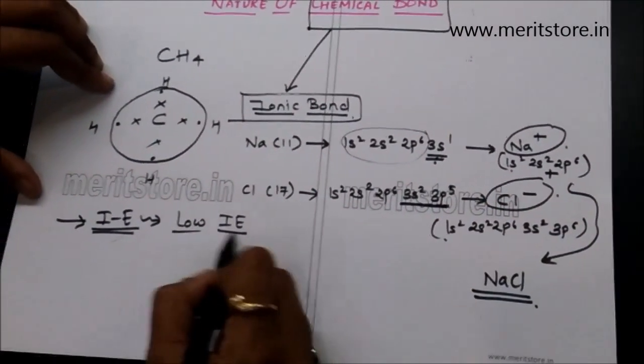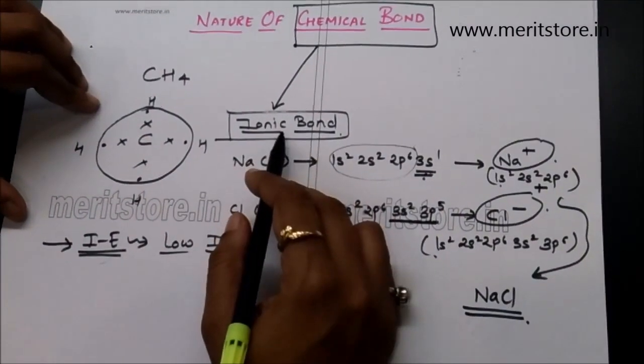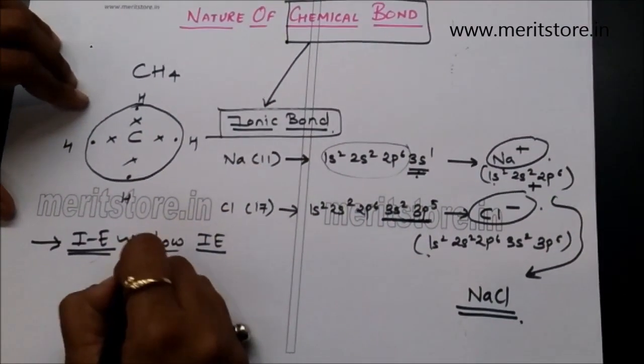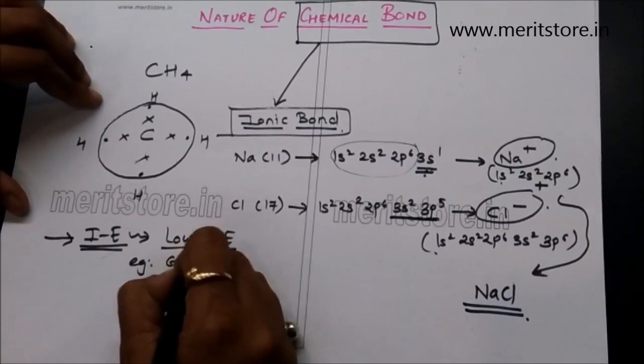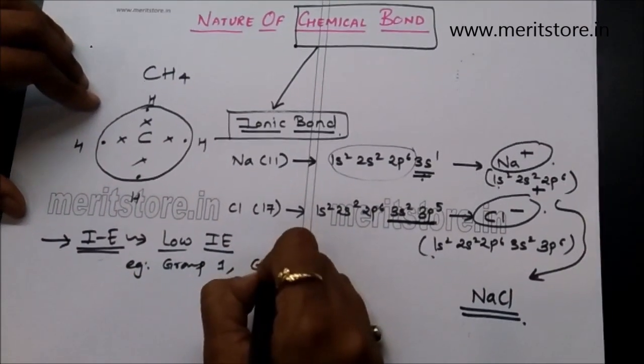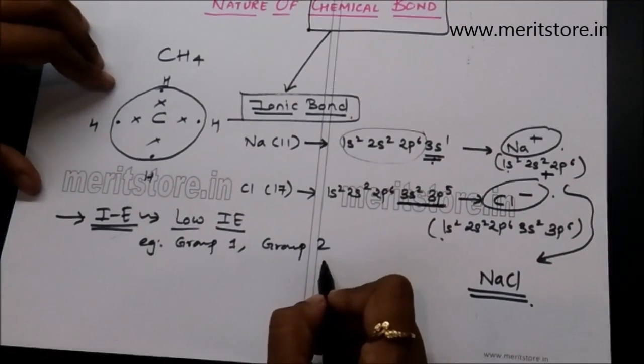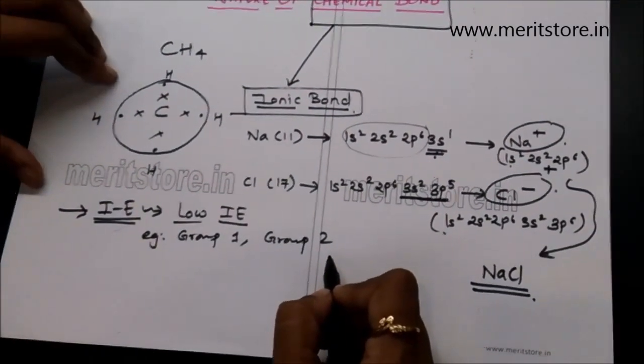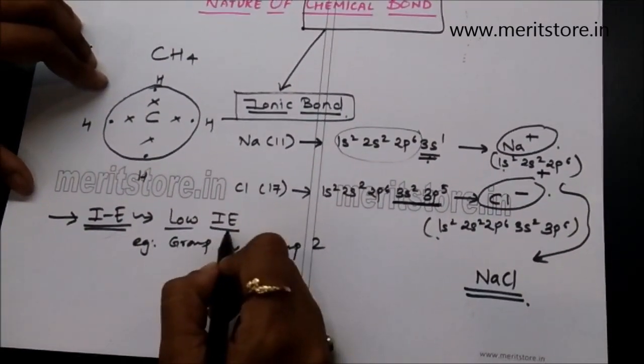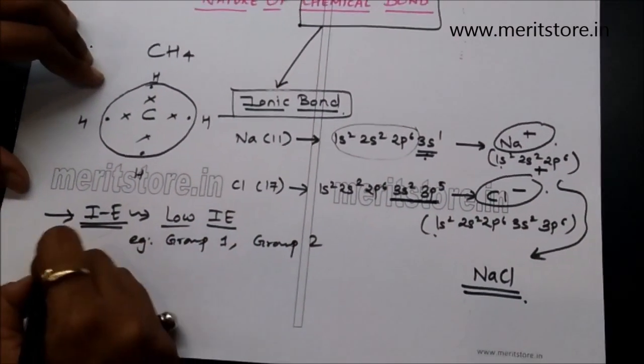Hence, we expect low ionization enthalpy elements to form the ionic bond. For example, the elements from group 1 or group 2 contain 1 or 2 electrons in their outermost shell, so they can donate these electrons easily. Their ionization enthalpy is low and they can form the ionic bond.